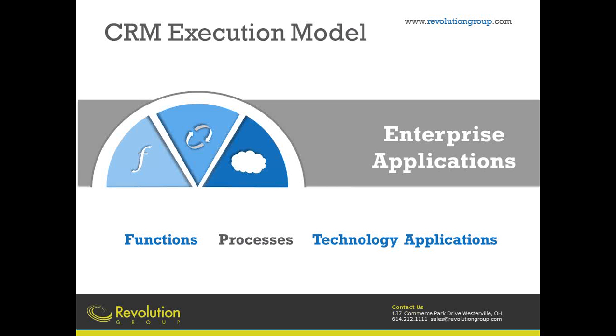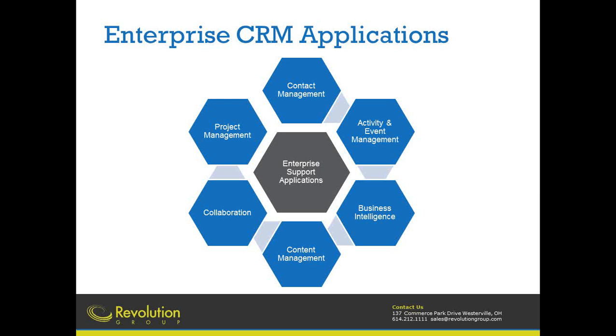So a whole other category for our execution model of applications we think of as enterprise applications. And no one would dispute the need for enterprise applications and the way they're utilized. We find things like activity management to be universal requirements, CRM requirements, and universal requirements of almost any person in an organization. The management of tasks, calendaring and scheduling. Most of the professionals in any manufacturing company have access to a computer and to Outlook and to an Outlook calendar and the associated contacts.